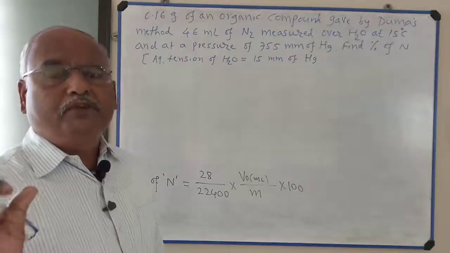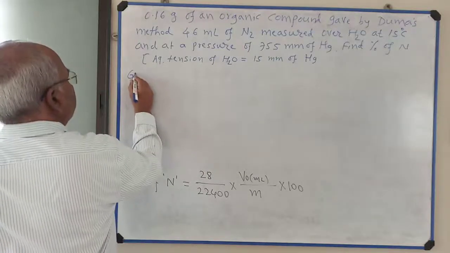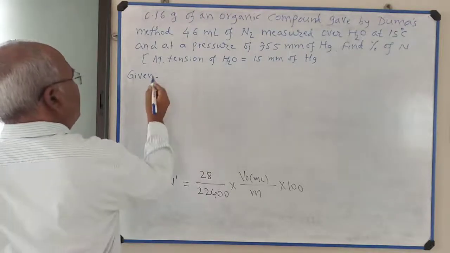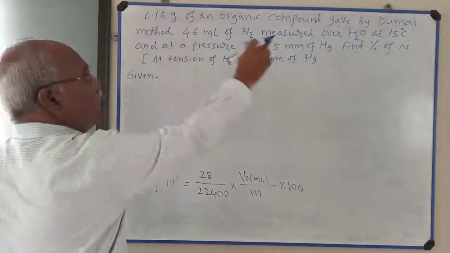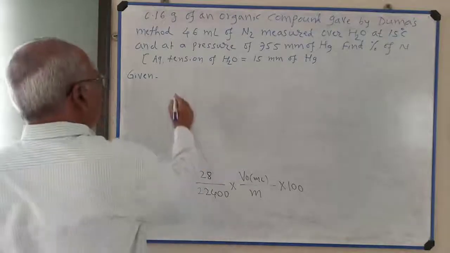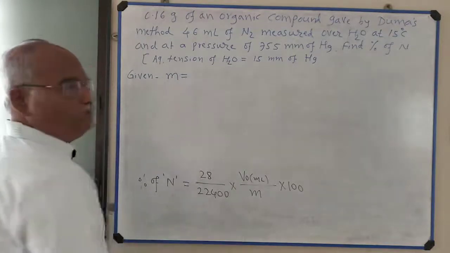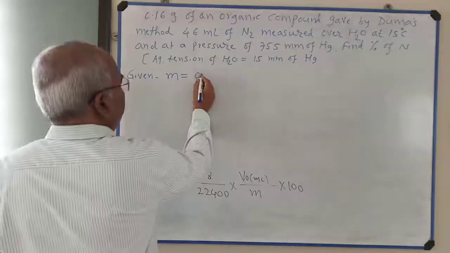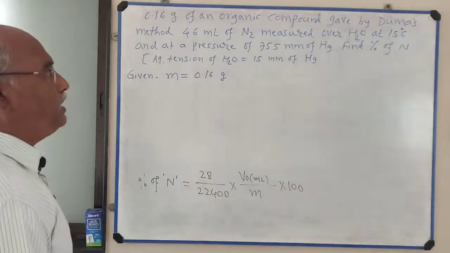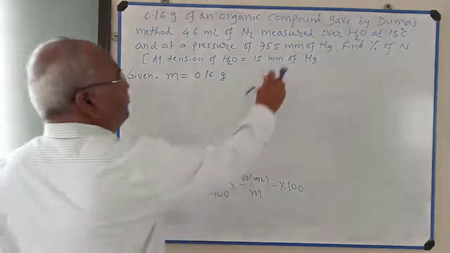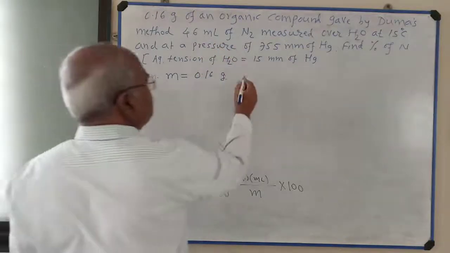Read the problem carefully and write down the given data. I write here 0.16 gram of an organic compound. That means mass of organic compound m is equal to 0.16 gram. By Dumas method, 46 ml of nitrogen.